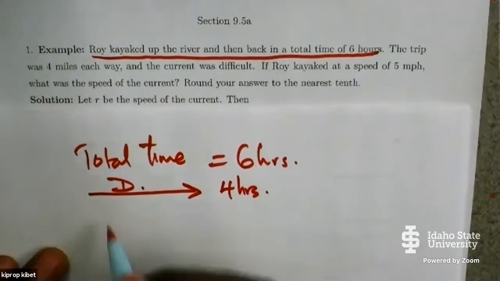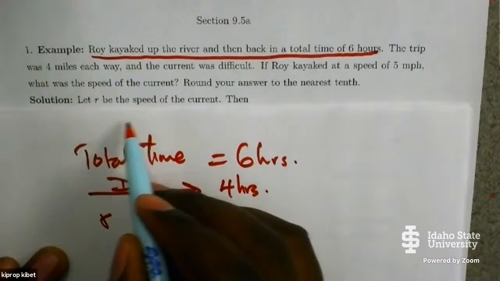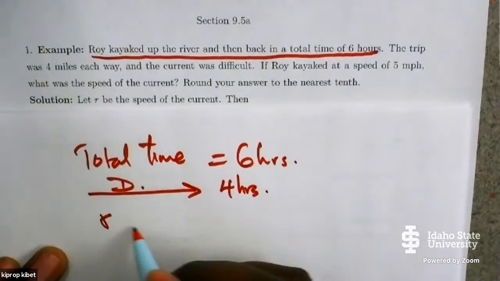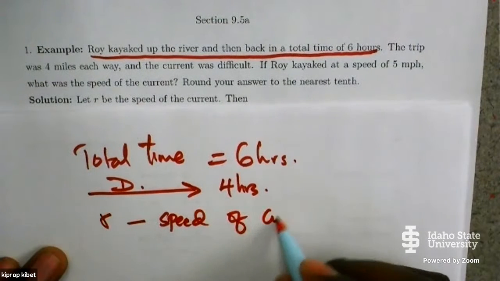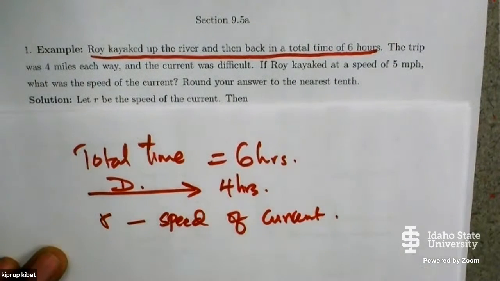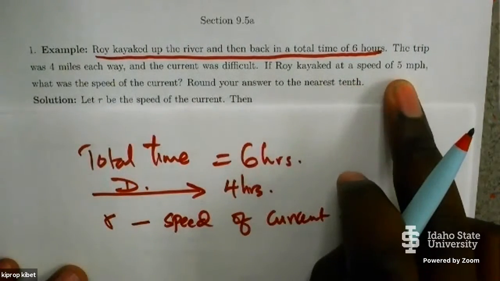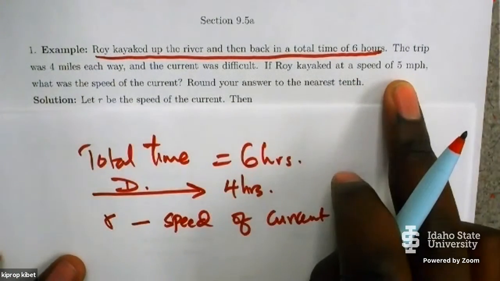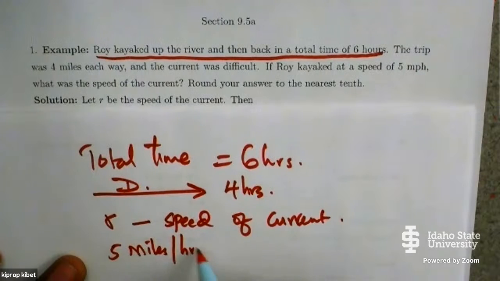So let's say r is the speed of the current. Now his speed was 5 miles per hour.